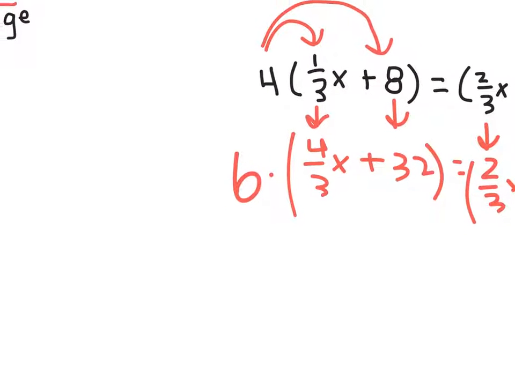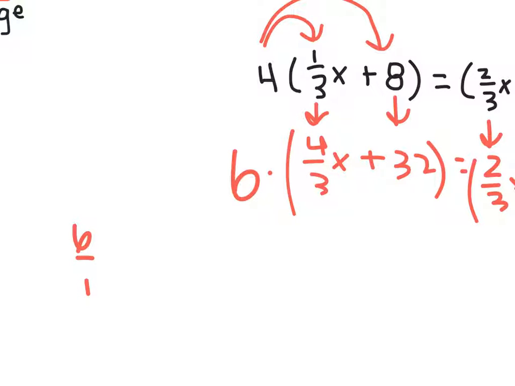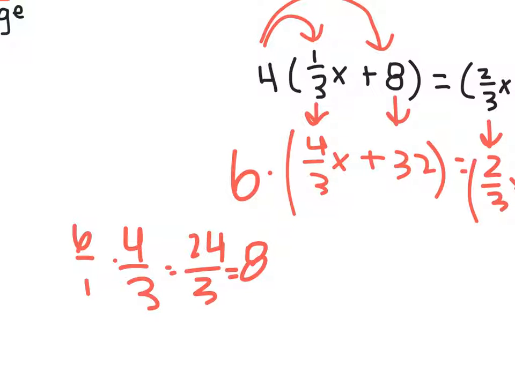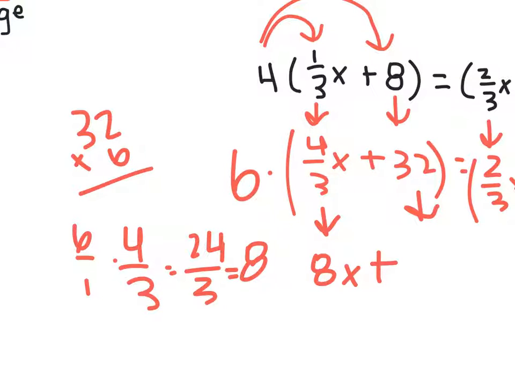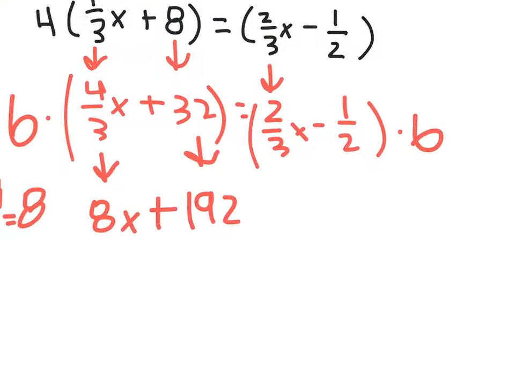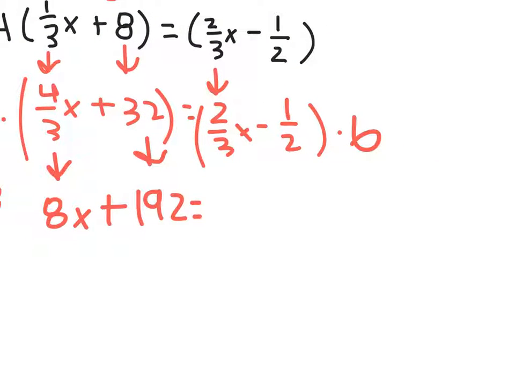So we're going to multiply by 6 on this side. So it's going to be 6 over 1 multiplied by 4 over 3. And that's going to be 24 over 3, which is 8. So you're going to bring down your 8x plus 32 times 6, which is 192. So we have that on this side. I'm going to bring down the equals sign.